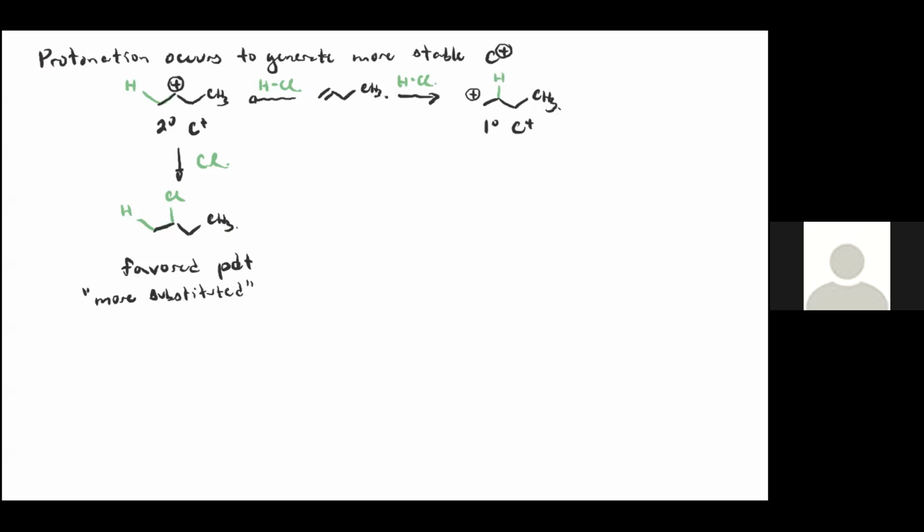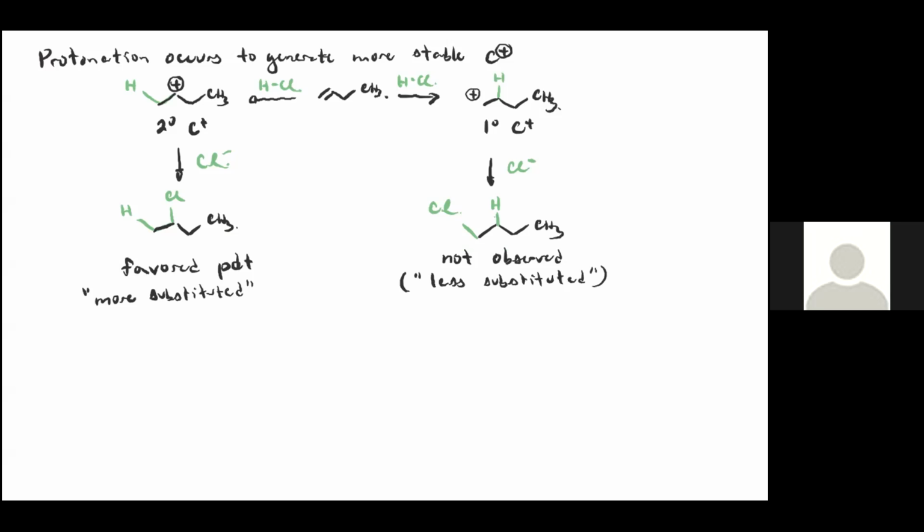The alternative reaction pathway where chloride traps to form the linear product or the less substituted product is not observed. That one is not formed.